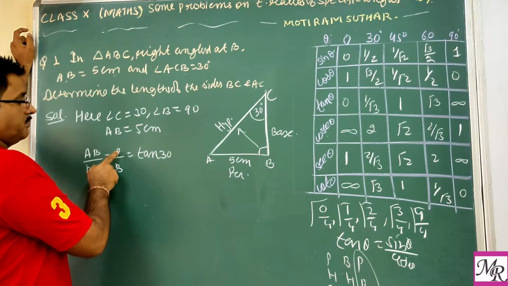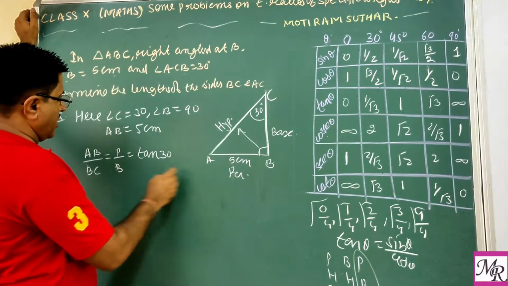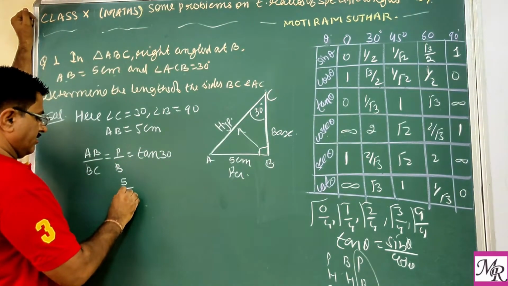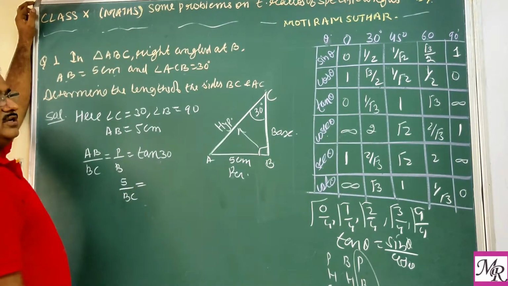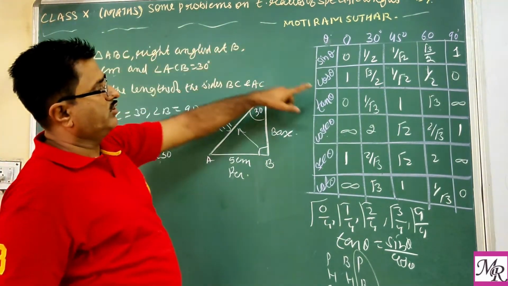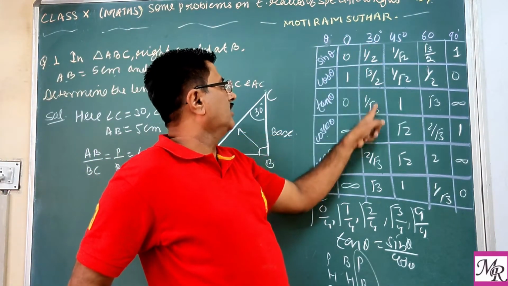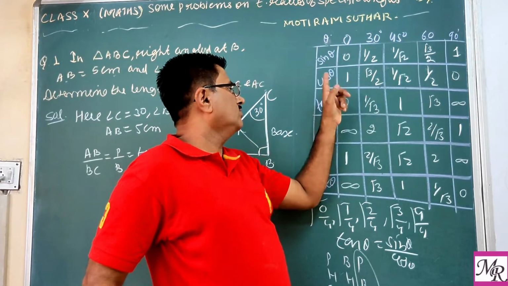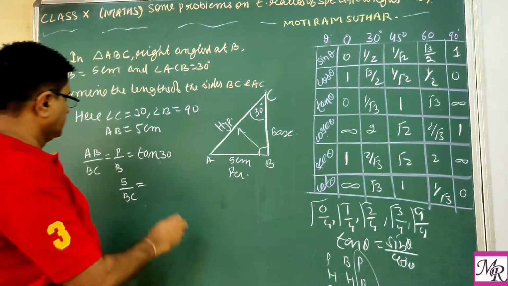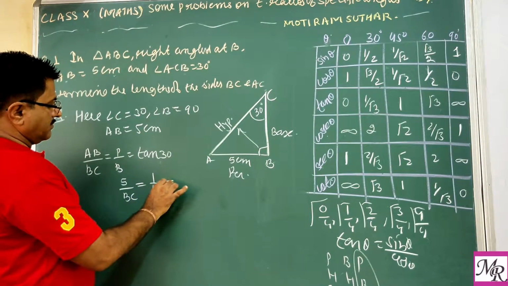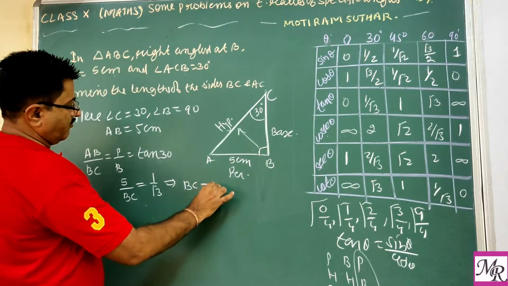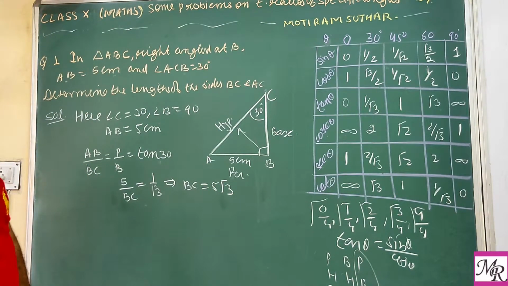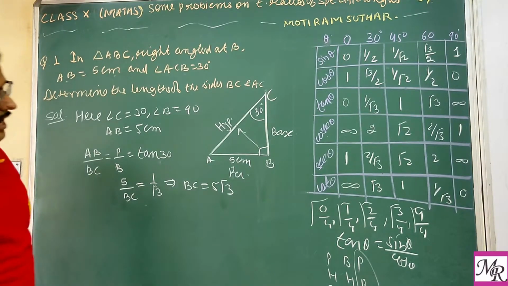Here P, that is 5, is given, base that is BC we want to find, and tan 30 value, you go in the table, tan 30, that is 1 by root 3. So cross multiply, BC equal to 5 root 3. So in this way you get the value of BC as 5 root 3 centimeter.